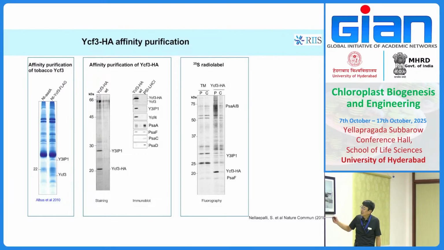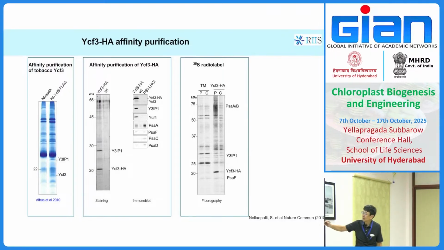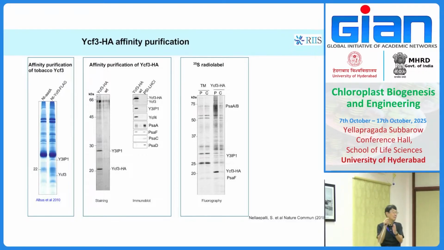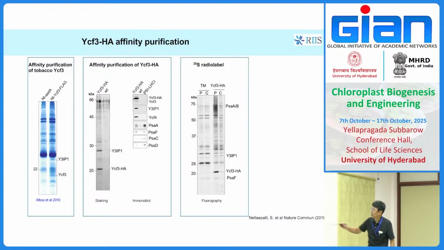But Y3IP1 is stable. Not much labeled, but it stays. The stoichiometric amount, but this turnover is fast and this is slow. But still, they are present as dimer or oligomer, with stoichiometric amount according to the staining band.